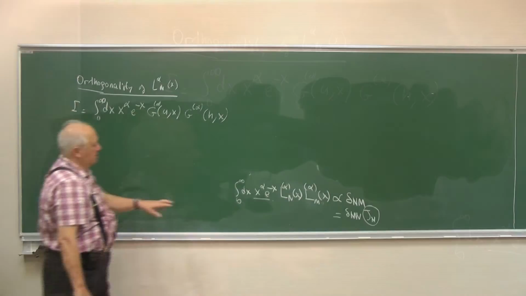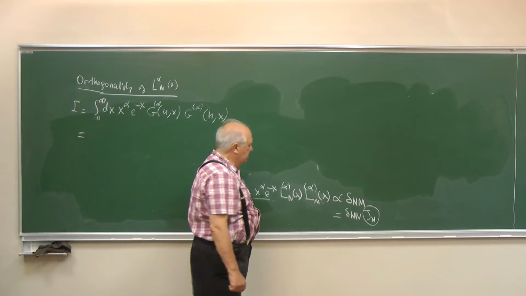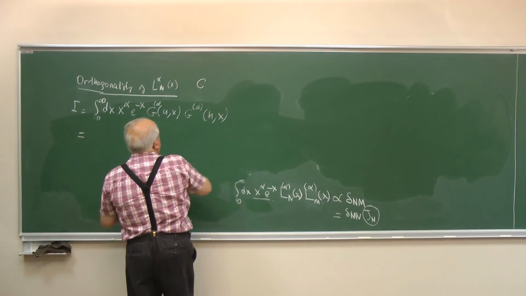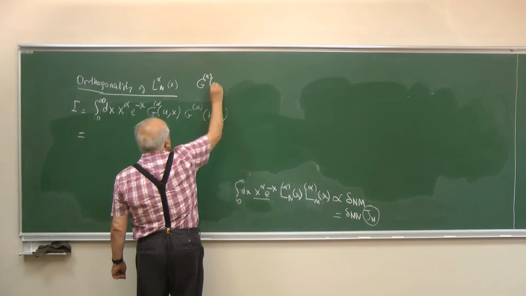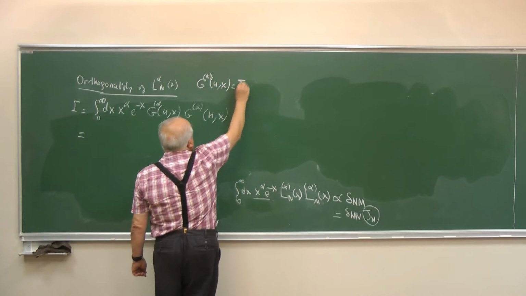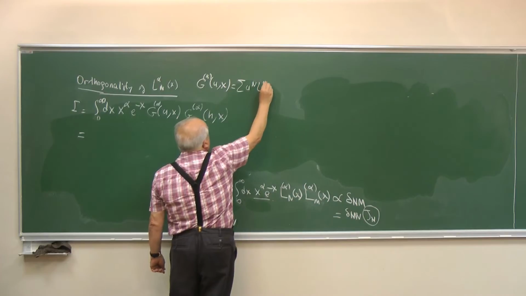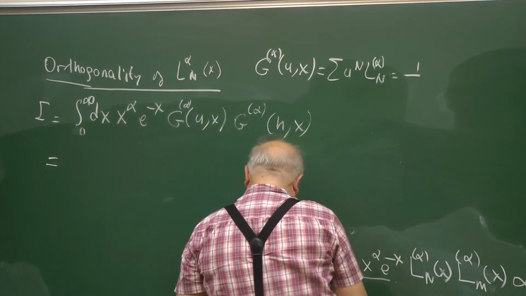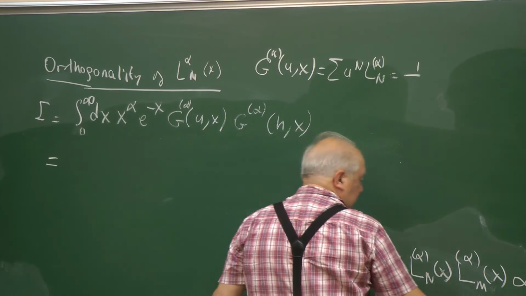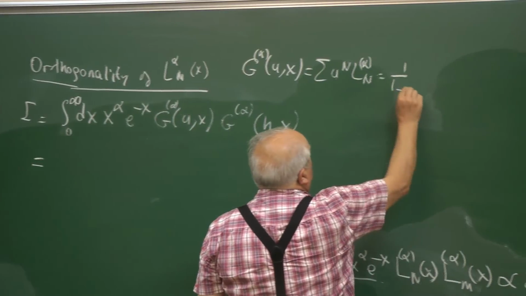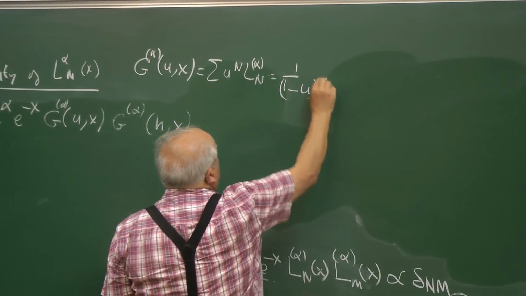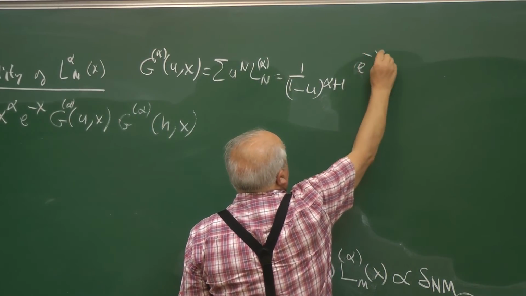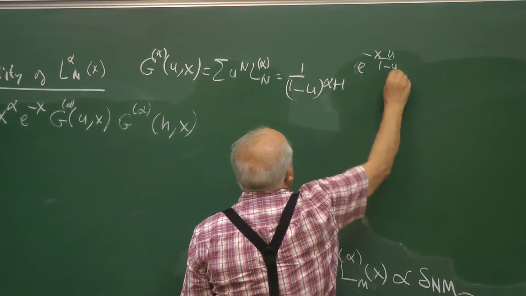So we will take this integral using the generating function. And let us remember what the generating function is. G alpha u x is equal to the sum of u^n L alpha n, which is 1 over (1 minus u) to the alpha plus 1 times e to the minus x u over 1 minus u.